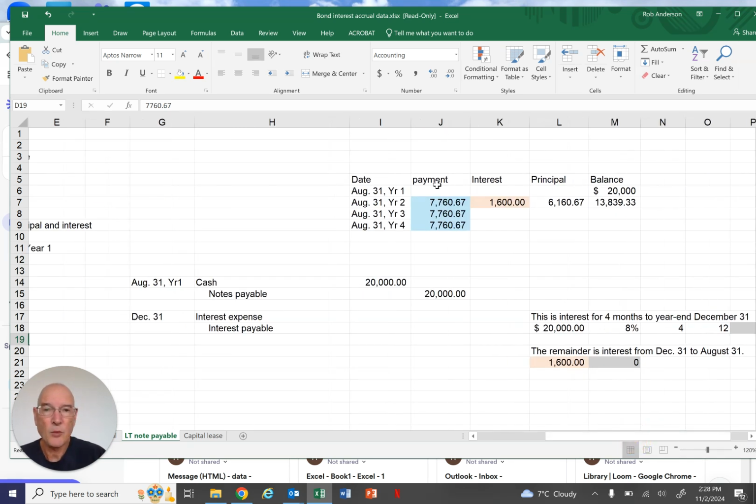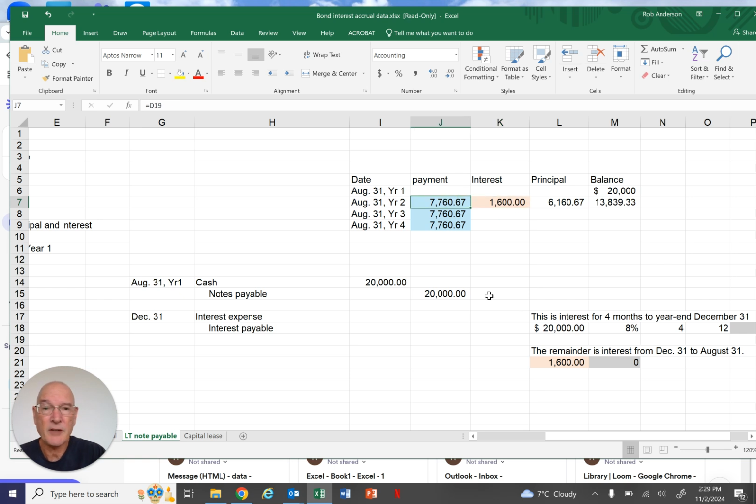So here's our payment, and our payment is the same every time. We start with $20,000 owing, and just like before, in many videos and throughout your different modules, you've seen that to calculate interest, we're going to take the balance, we're going to multiply by our interest rate of this time 8%, and that gives us $1,600 of interest for a year.